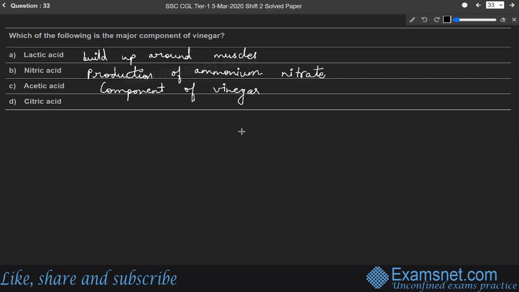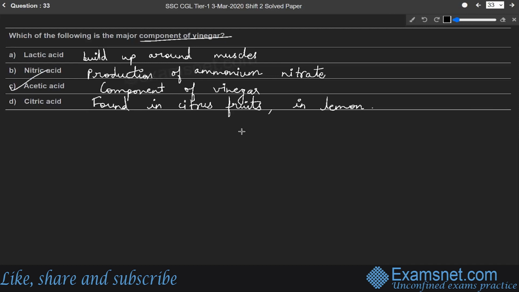Last option is citric acid. Citric acid is especially found in lemons, which is a citrus fruit. So it is found in citrus fruits and especially in lemons. So for this question, it is very clear that the major component of vinegar is acetic acid. So the correct option is option C, which is acetic acid.